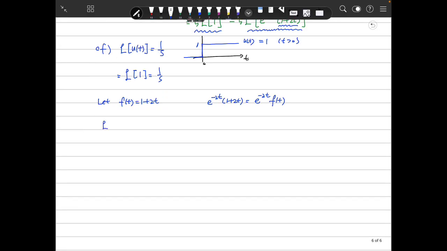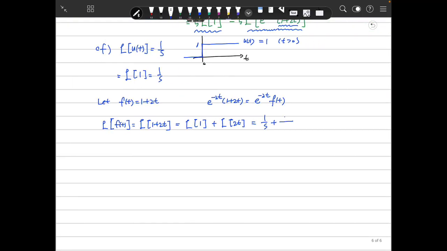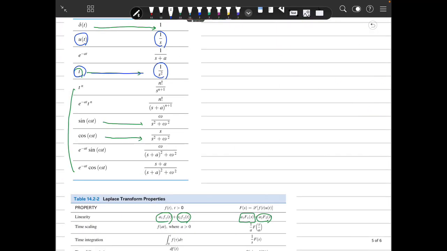Then how about the Laplace transform of f(t)? Here it is Laplace of 1 plus 2t. This is Laplace of 1 plus Laplace of 2t. Laplace of 1 is 1 over s, plus Laplace of t. What is Laplace of t? It is 1 over s squared. So there will be 2 over s squared.